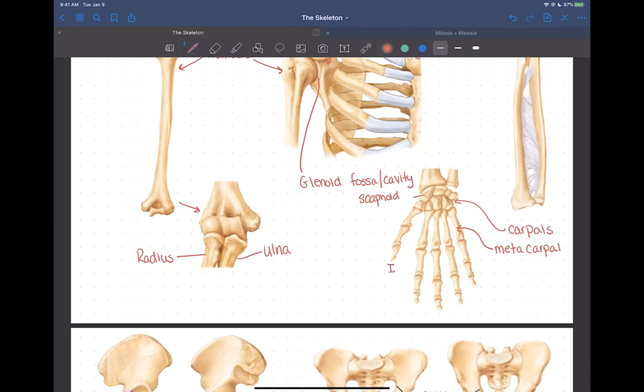So we have 1, 2, 3, 4, and 5. If you're talking about metacarpal 1, that would be this metacarpal here. Metacarpal 3 would be this one here. So we number them.